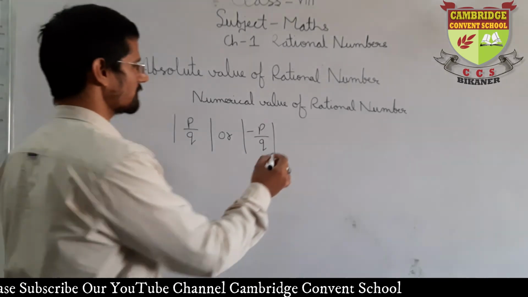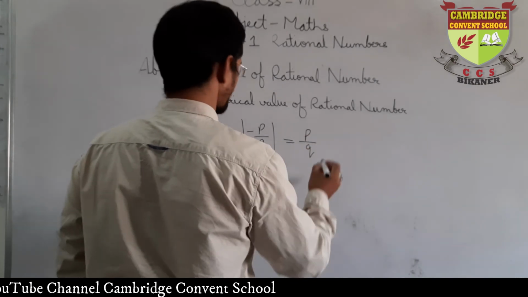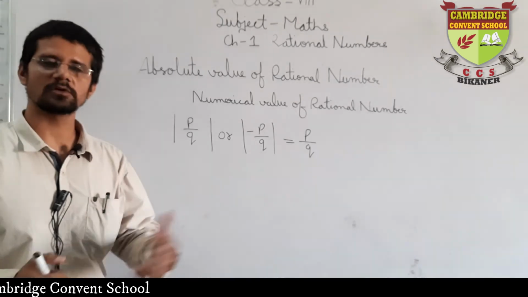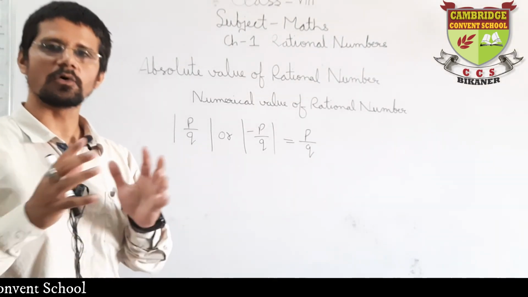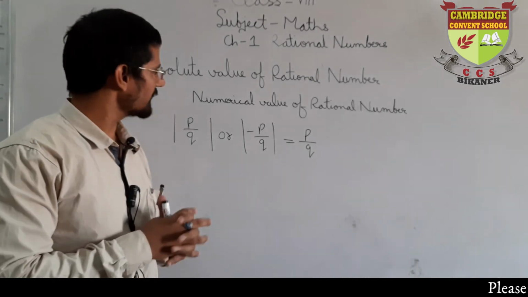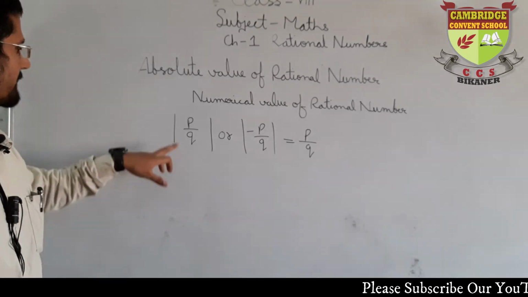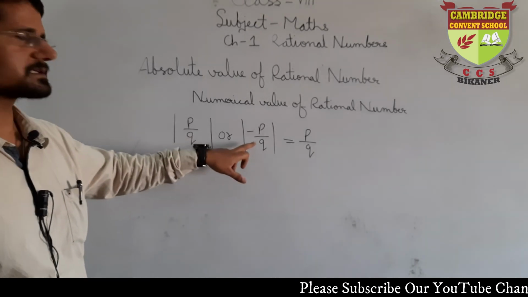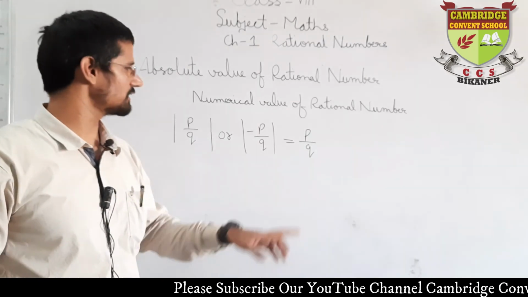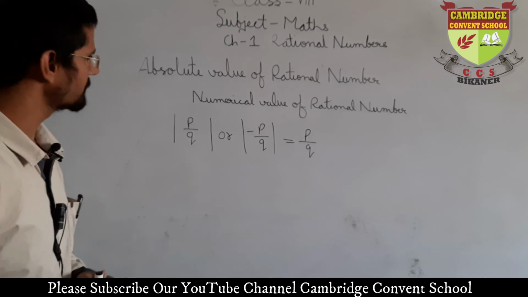Its answer is always equal to p upon q. The modulus of p upon q or of minus p upon q is always equal to p upon q. We don't have to do anything with the sign. Whether it is plus p upon q or minus p upon q, we only consider its numerical value, that is p upon q.